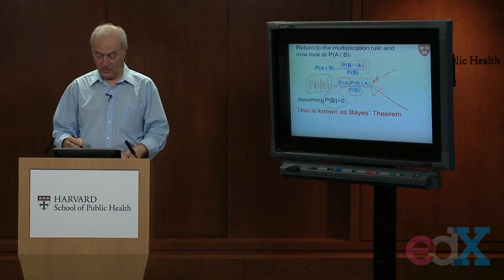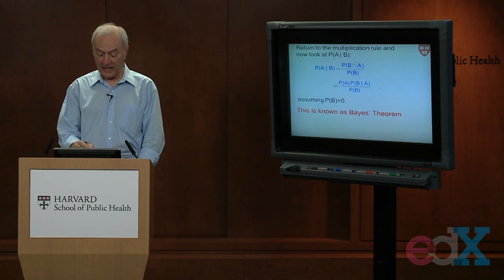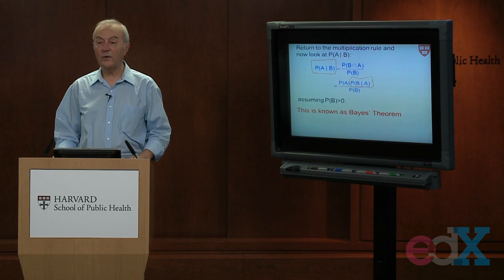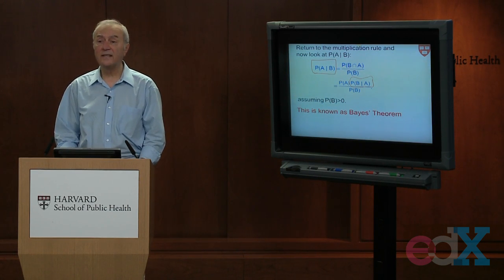So Bayes' theorem allows us to express the probability of A given B as a function of the probability of B given A, reversing the roles of the conditioning event. It's a wonderful theorem that we'll use repeatedly, especially coming up.